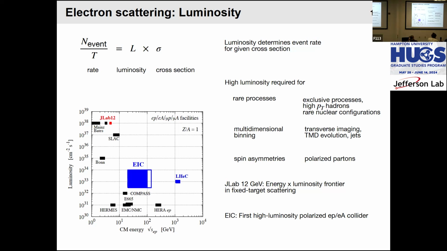Actually, I remember the first version of this plot was made by the chairman of our school, by Alberto, and then it was picked up by several other people. So the luminosity is measured in some funny units, which is per inverse square centimeters and inverse seconds.